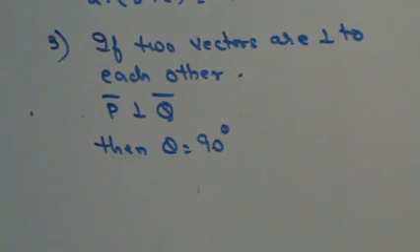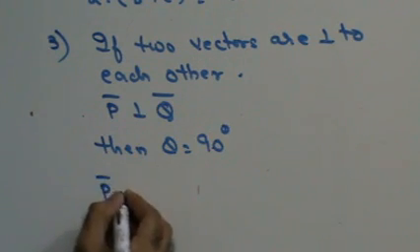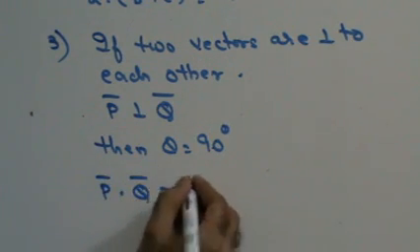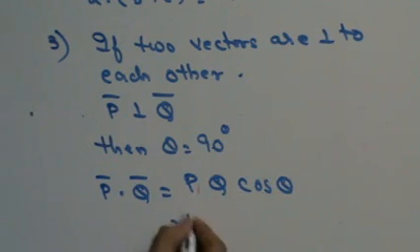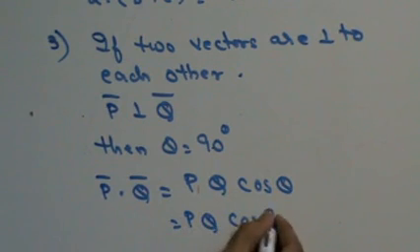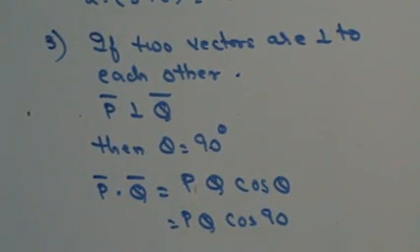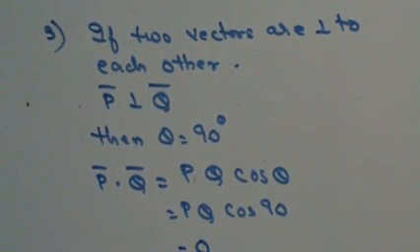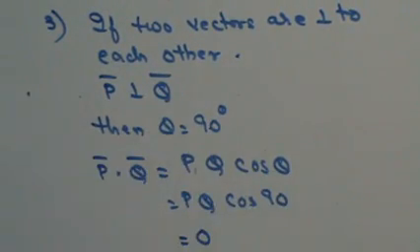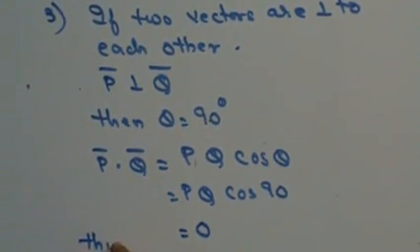Perpendicular means the angle between them has to be 90 degree. In that case, what will be P vector dot Q vector? It will be PQ cos theta, so that will be PQ cos 90. But we know that cos 90 is 0. So if two vectors are perpendicular to each other, their dot product is 0.